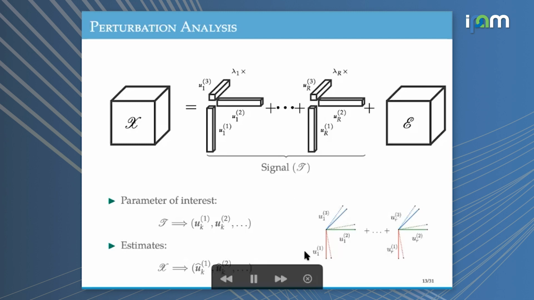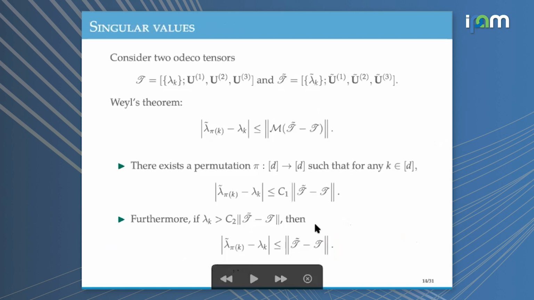Let's start with an even simpler one. Let's just say, suppose this is my true signal. Suppose from X, I can compute a T tilde. So this is again something you could compute from X. But the reason I want to do T tilde is I'm going to say T tilde is also orthogonally decomposable.